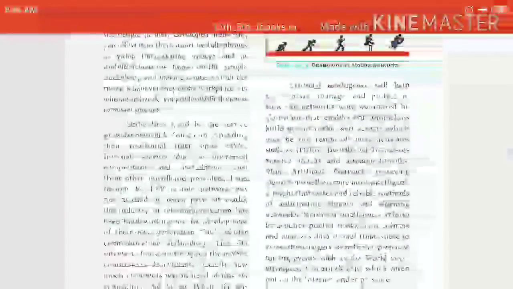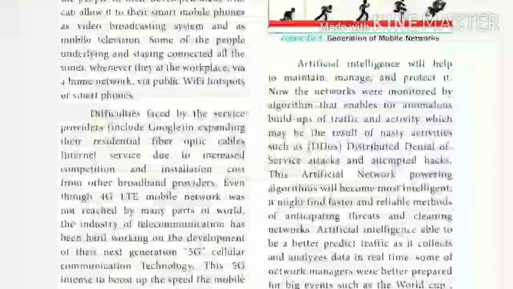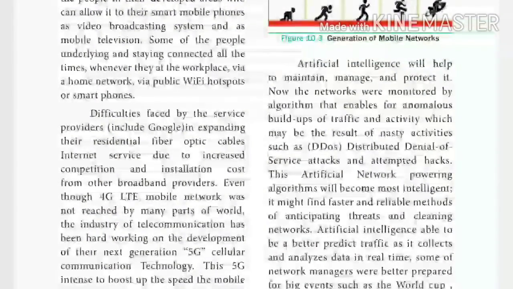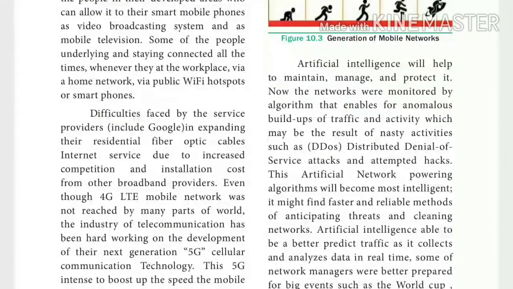So now here comes artificial intelligence. Artificial intelligence is used to manage, maintain and even protect the network connection, and it detects abnormal buildup of traffic and activity which may be the result of malicious activities such as DDoS, which means distributed denial of service attack.